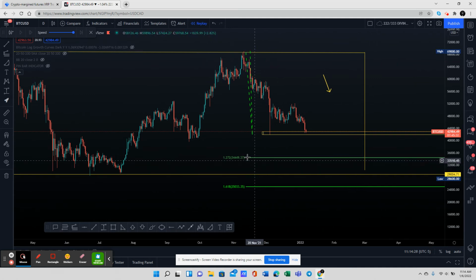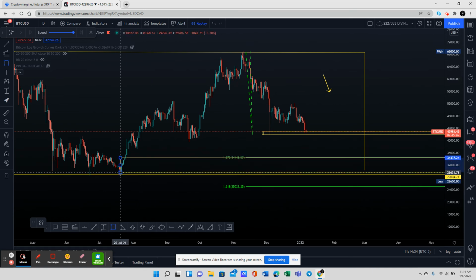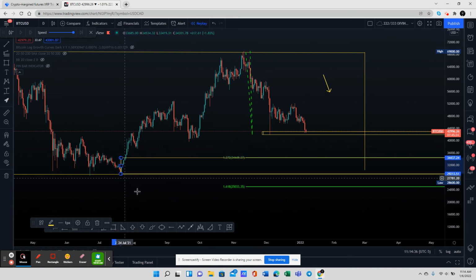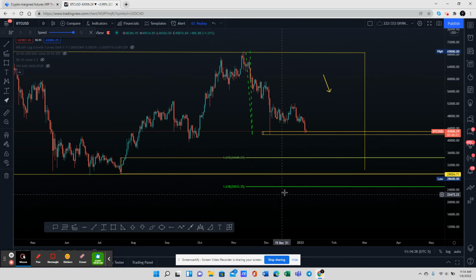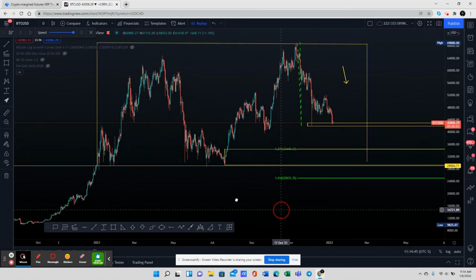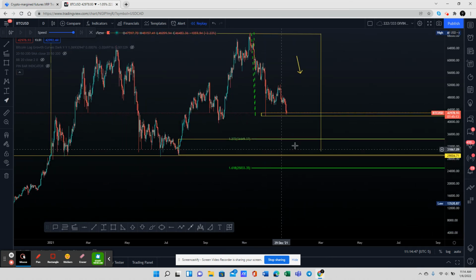So you can see that price could possibly come back down into this 34, 33K region up here. Worst case scenario, 25,000 if we break this. But yeah, this could happen.